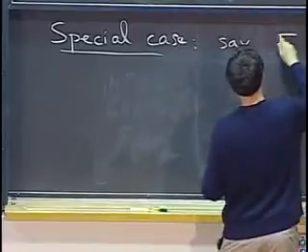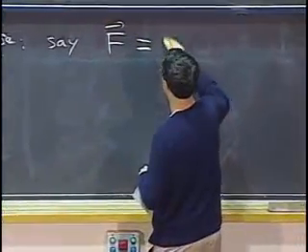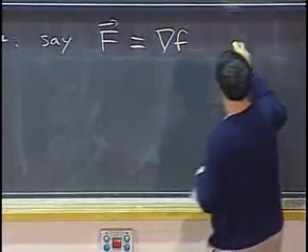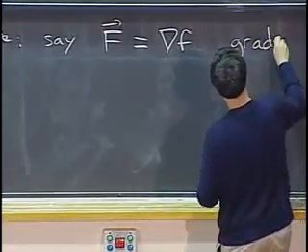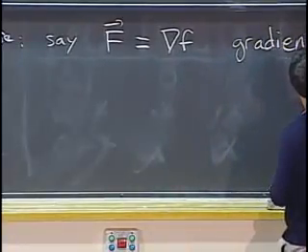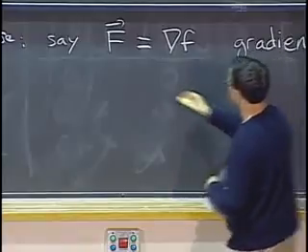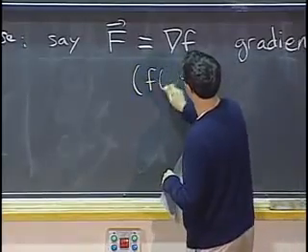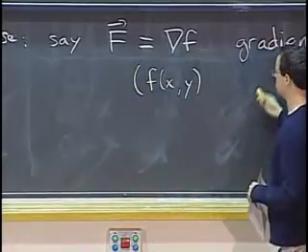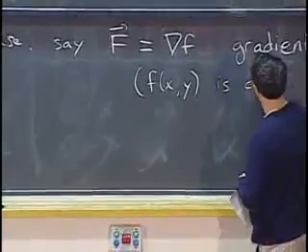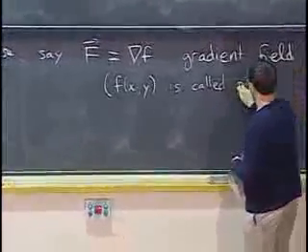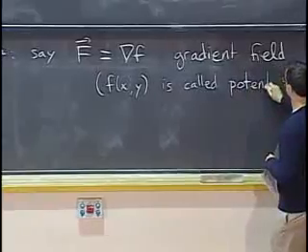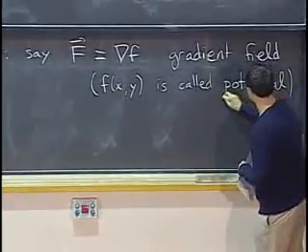Say that f, our vector field, is actually the gradient of some function. So it's a gradient field. So f is a function of two variables, x and y, and that's called the potential for the vector field.